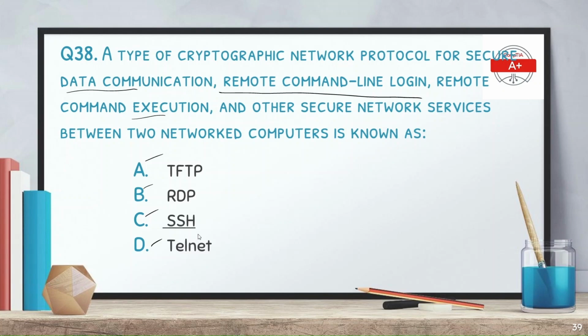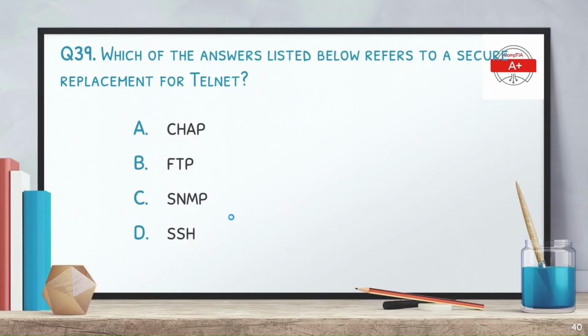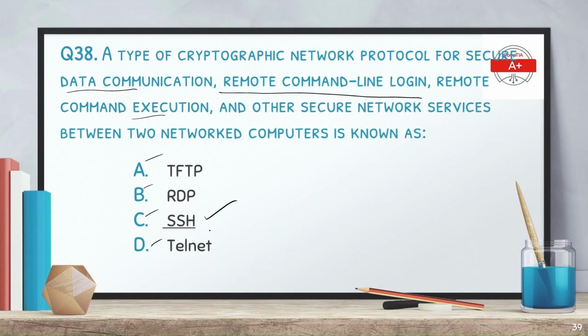And the correct option is the SSH, or the secure shell. SSH stands for the secure shell, and it is basically the secure replacement of the telnet. So telnet transports the data in unencrypted form, while SSH does it securely using encryption keys.